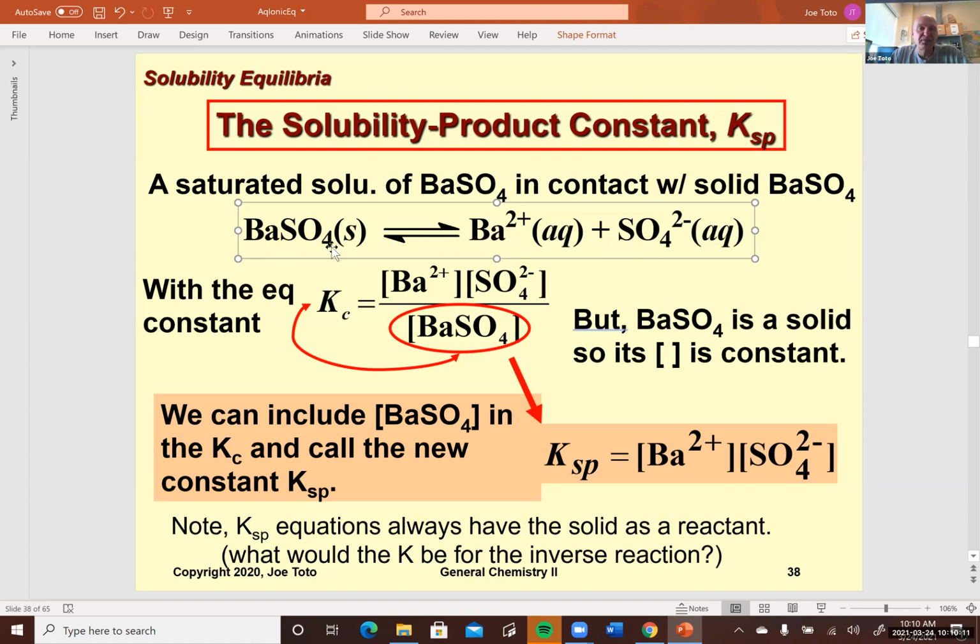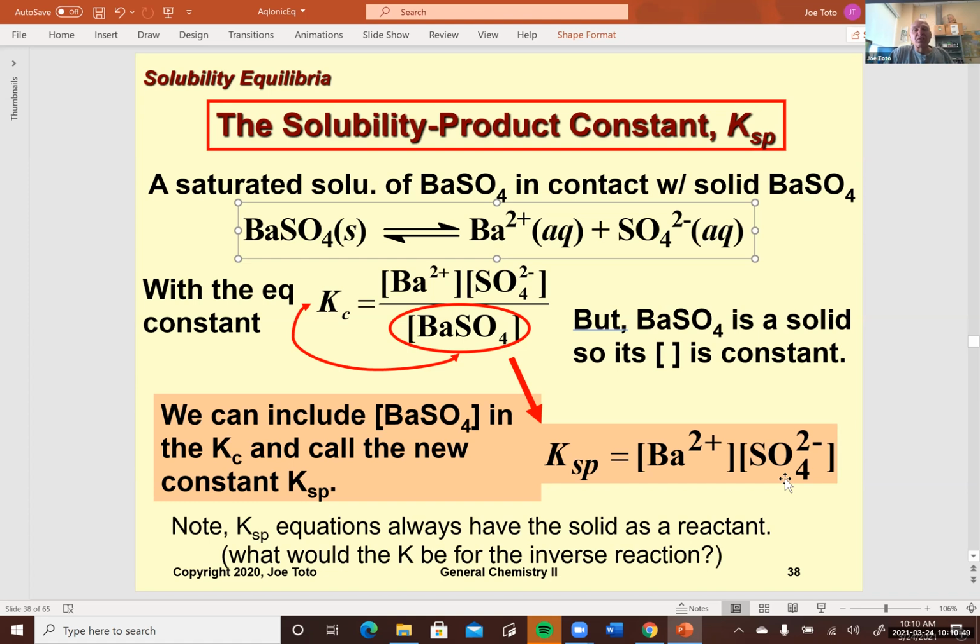So barium sulfate is another insoluble solid, but it comes to equilibrium with its ions in water. And so we can write this. We can define the equilibrium constant using the law of mass action. Note that that's a solid, so it's incorporated into that equilibrium constant. And when it is, it's called the Ksp, the solubility product constant. So for this example, it equals the barium 2+ ion concentration times the concentration of the sulfate ion at equilibrium.